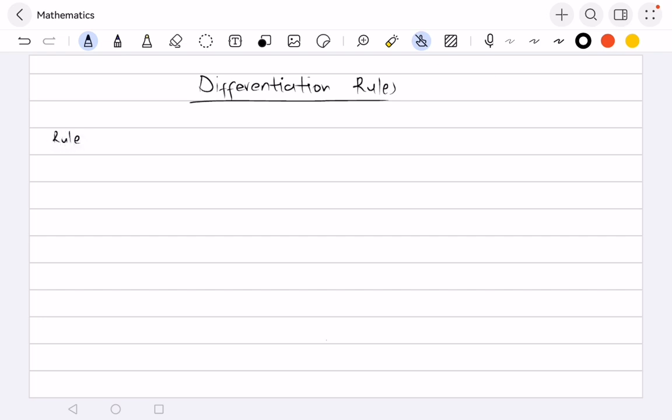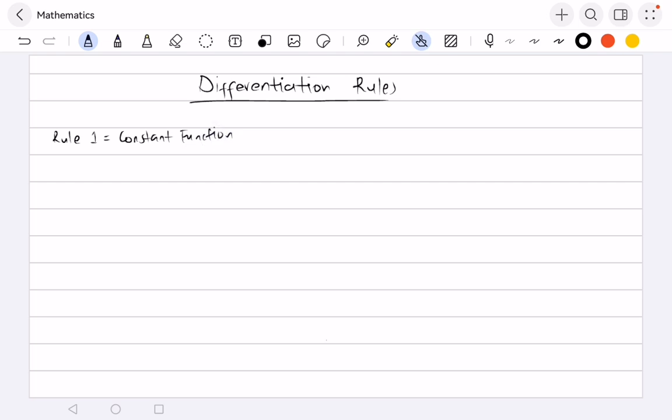So rule number one is what you call the constant function rule, or the derivative of a constant function.